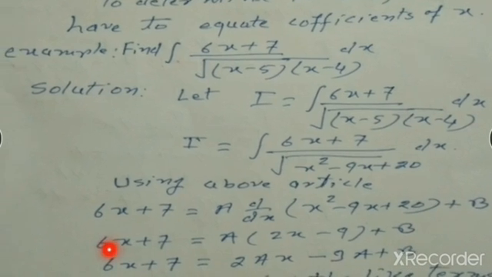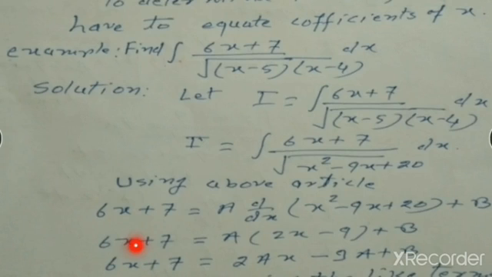Now 6x plus 7 is equal to a times the differentiation of x square minus 9x plus 20, which is 2x minus 9, plus b. So 6x plus 7 is equal to a(2x minus 9) plus b, that is 2ax minus 9a plus b.